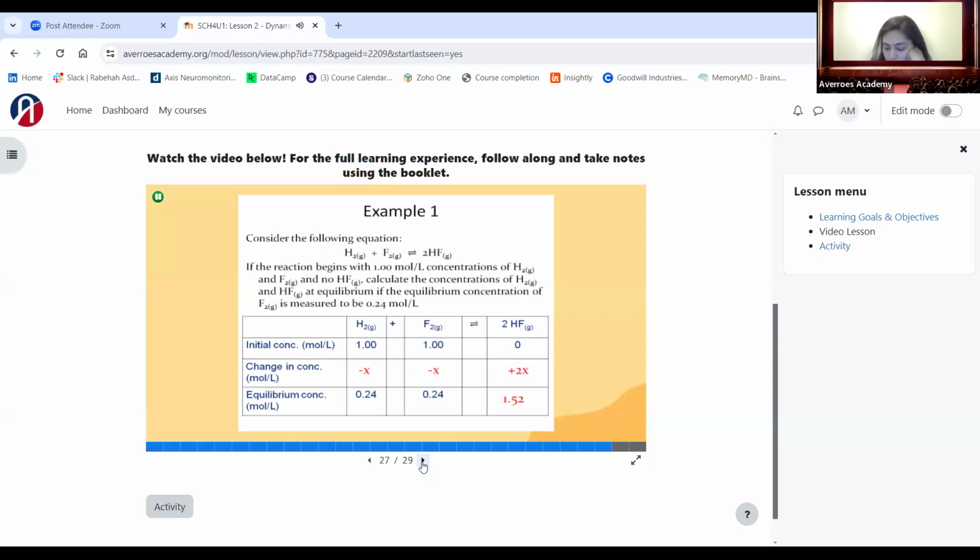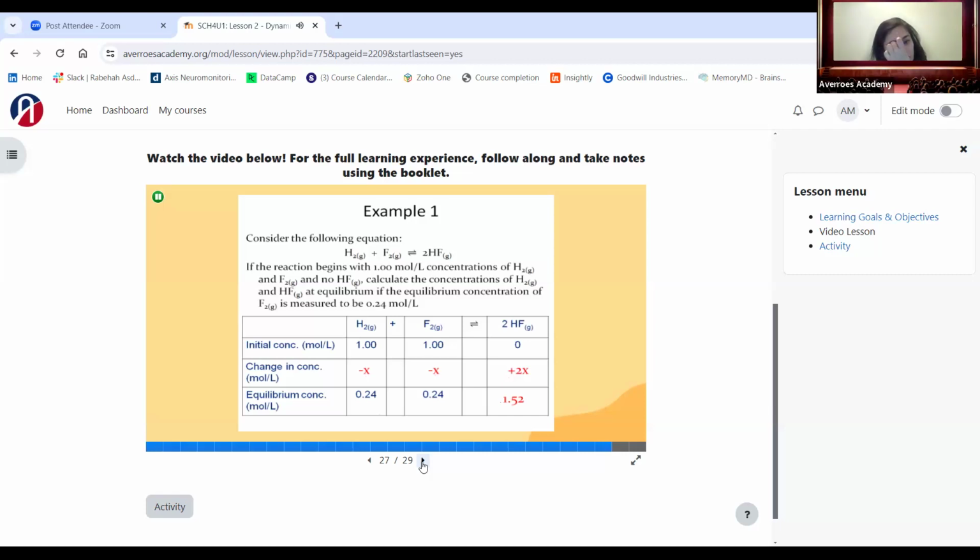Since hydrogen gas and fluorine gas are consumed in a 1:1 molar ratio, the change in concentration is represented by minus X for each hydrogen gas and fluorine gas. Moving on, the balanced equation indicates that 2 moles of hydrogen fluoride are produced for every mole of hydrogen gas and fluorine gas that react. Therefore, we represent that change in concentration of hydrogen fluoride to be plus 2X.